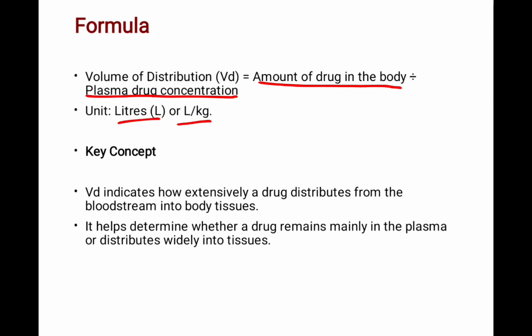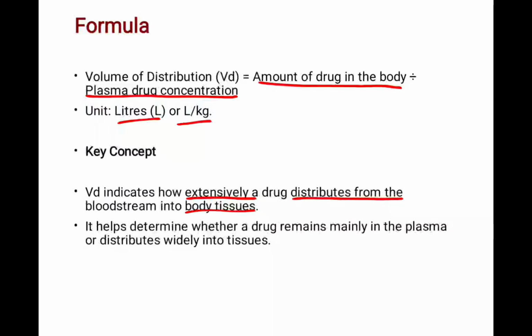Now the key concept we need to know is that volume of distribution indicates how extensively a drug distributes from the bloodstream into body tissues. When a drug is administered and gets into systemic circulation, how extensively does it move from the vascular compartment into the body tissue?